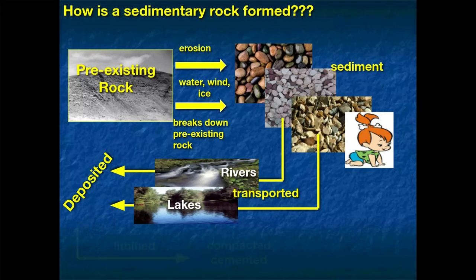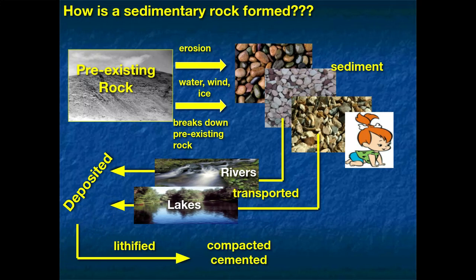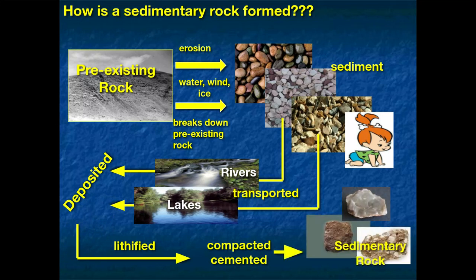So once it's deposited, we can envision that the sediment stays there for a long, long time. And as more sediment stacks on top of the older sediment, now that sediment becomes compacted and squeezed, and in some processes becomes cemented. So the sediment is actually glued together, and then once compacted and or cemented, we finally make a sedimentary rock.